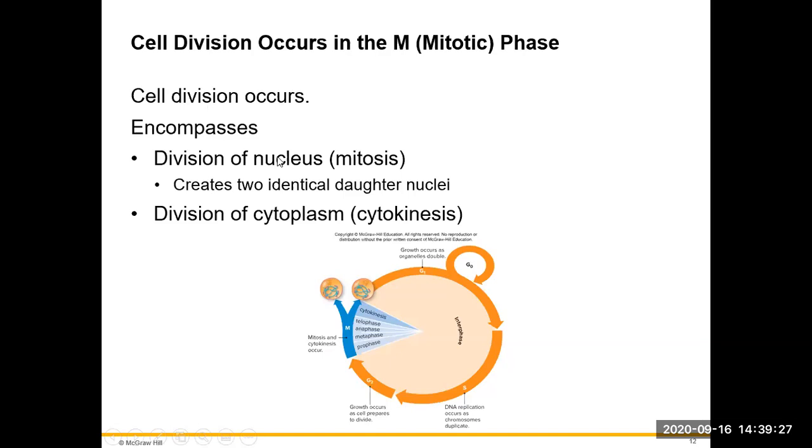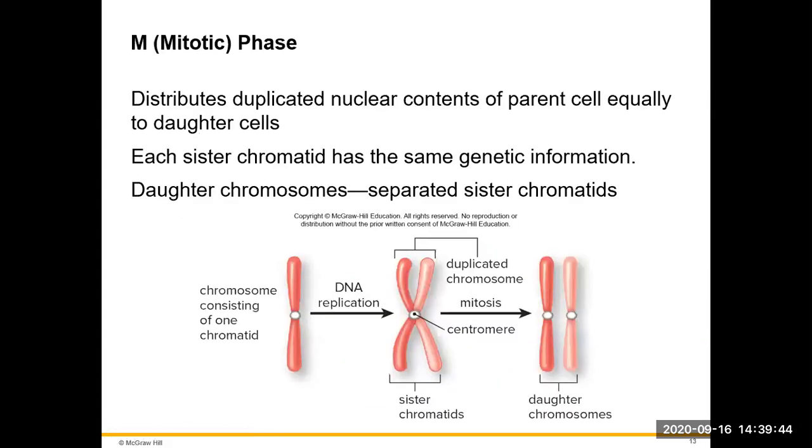Cell division involves 2 kinds of divisions. The first one is mitosis, which is the division of the genetic material or the DNA, whereas cytokinesis is the division of the cytoplasm. The mitotic phase, or mitosis, distributes duplicated nuclear contents of the parent cell equally to daughter cells.